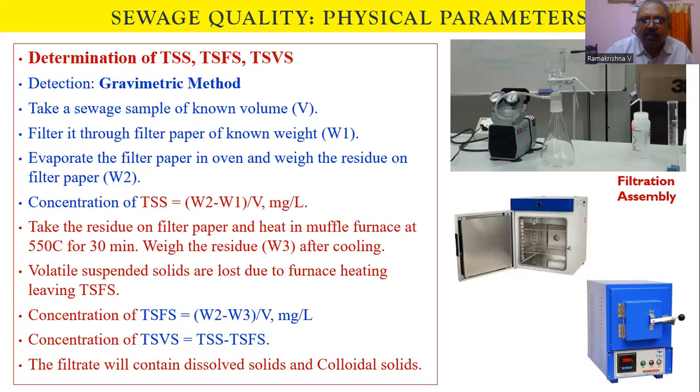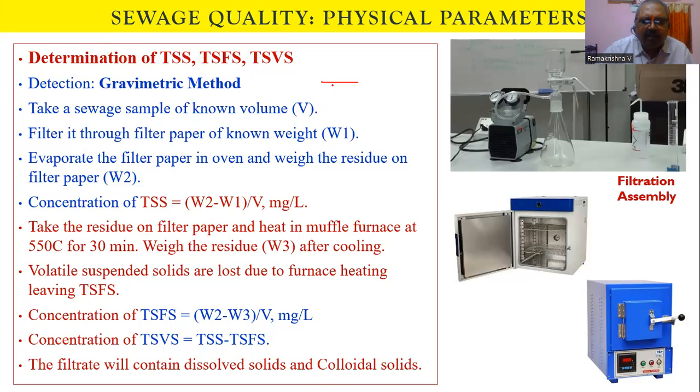Now you can see here the suspended solids. This is also a gravimetric method by weights, taking different weights at different stages of the test procedure. And here also we are doing the same thing, taking a sample of known volume and filtering it through a filter paper.